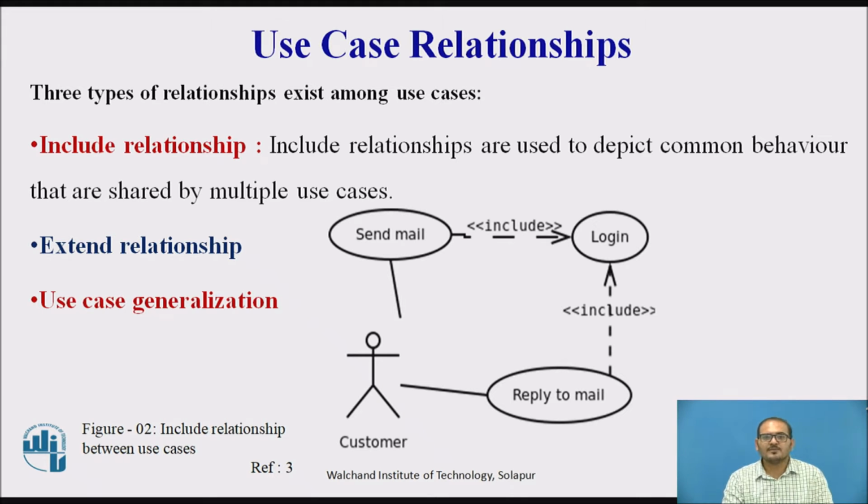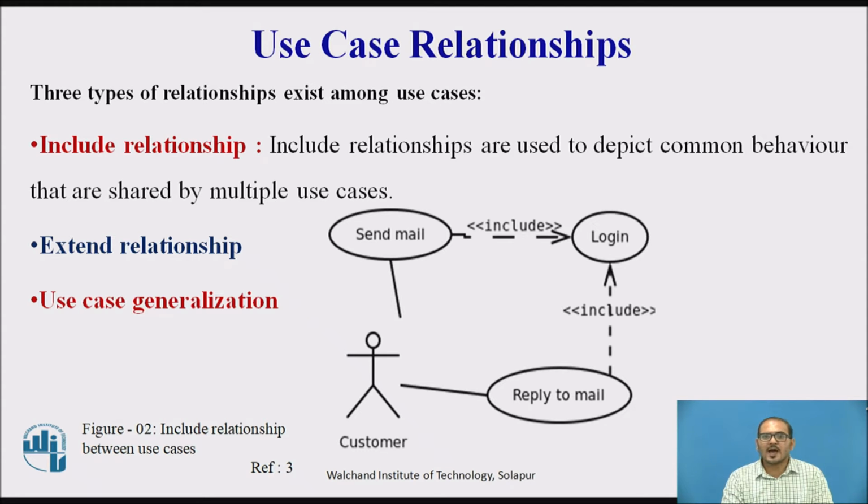For example, consider an email application. A user can send a new mail, reply to an email he has received, or forward an email. However, in each of these three cases, the user must be logged in to the platform to perform those actions.